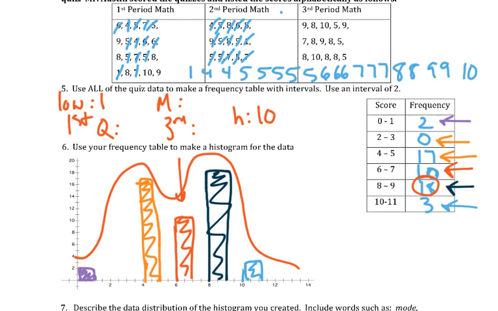Okay, so we found out it was between the two 6s, right? Because 1, 2, 3, 4, 5, 6, 7, 2, 3, 4, 5, 6, 7, 8, 9, 8, 9.